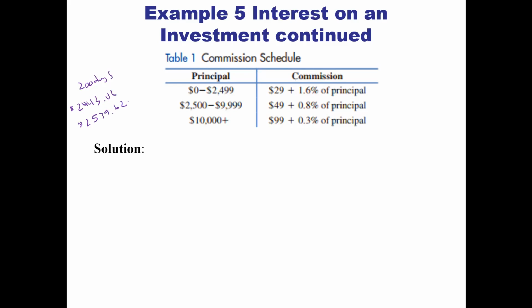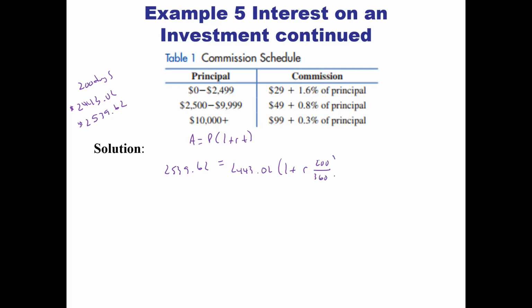Now we can plug in all of that, because again A equals P times 1 plus RT. The future value 2539.62 is equal to 2443.02 times 1 plus, now we're looking for the rate, and our time was 200 over 360.